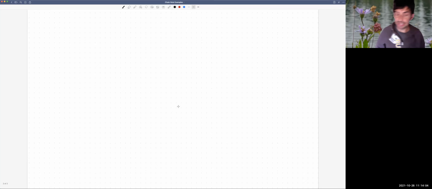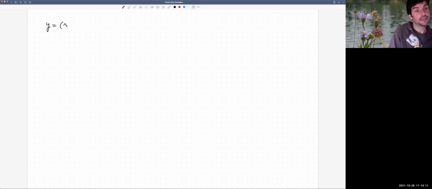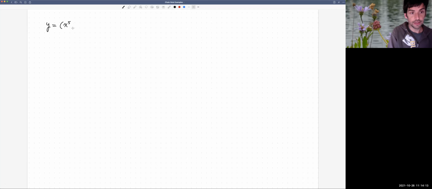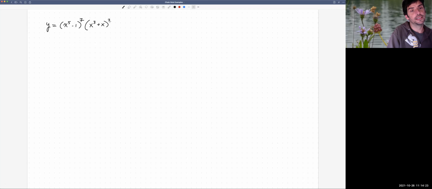Here we're going to be combining the chain rule with some other rules. I've got the function y equals x to the 5th minus 1 to the 7th times x cubed plus x, all cubed.